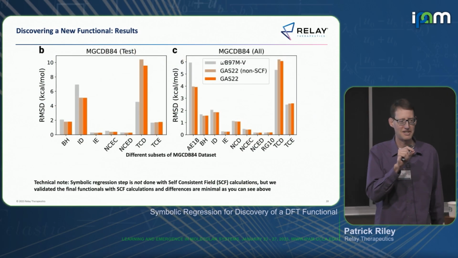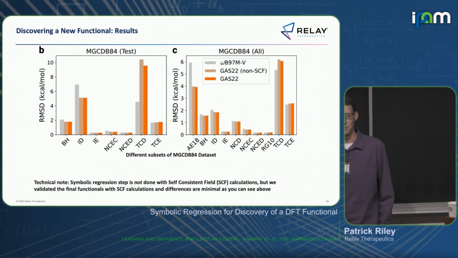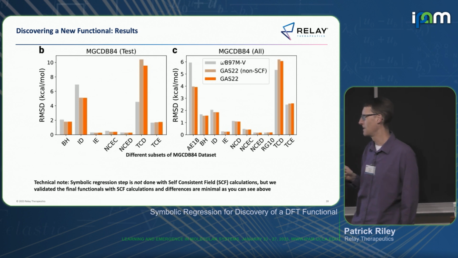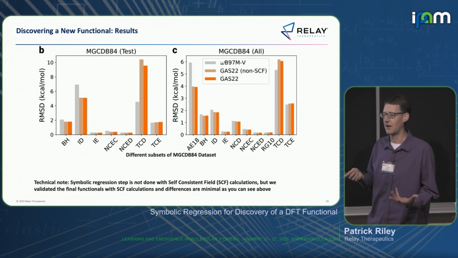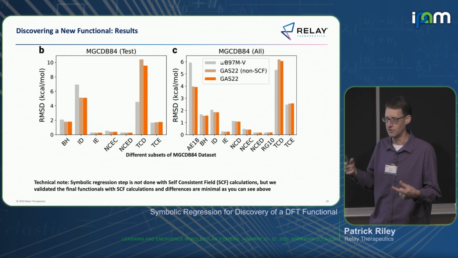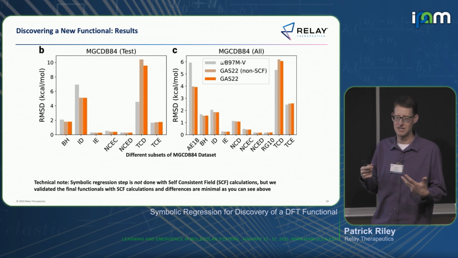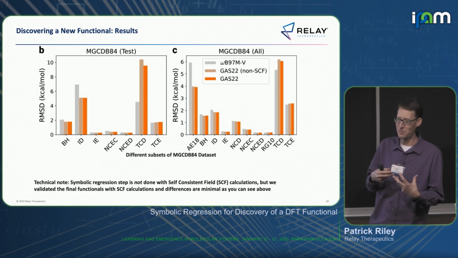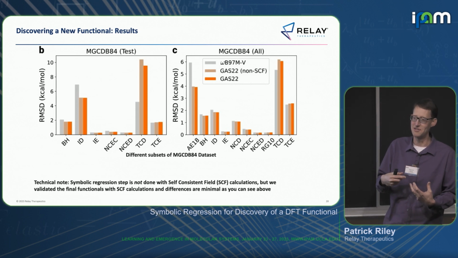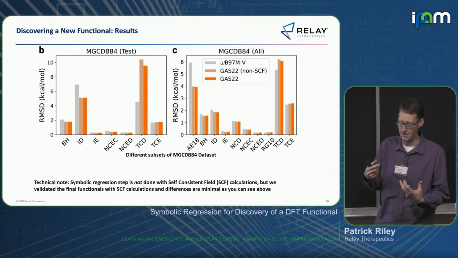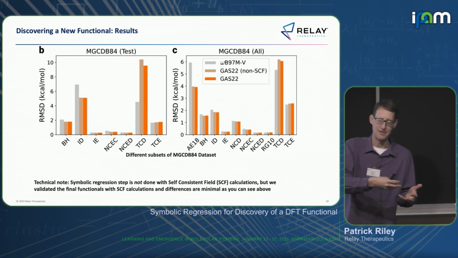There's one technical detail I've completely swept under the rug, and I'm now going to explain. Normally when you're doing a DFT calculation, you go through a self-consistent field procedure. That basically ensures that your density is what your DFT functional would say, and you're not just computing the energy of the density that we start with.